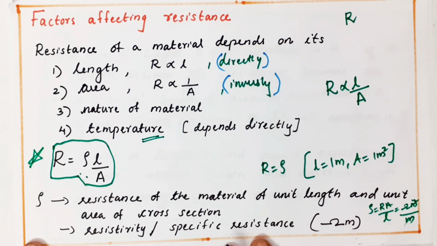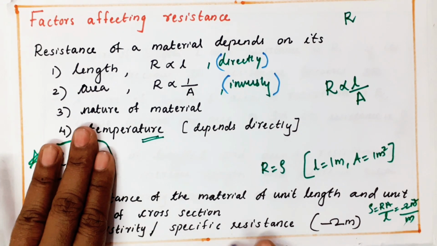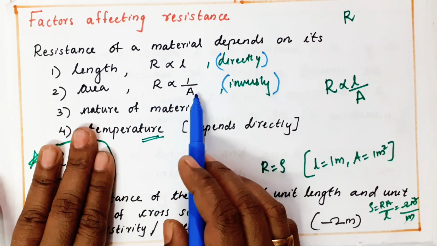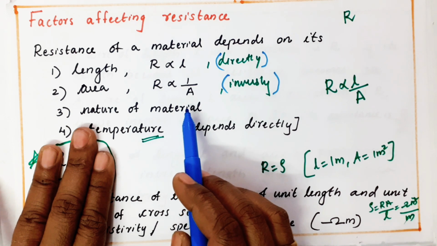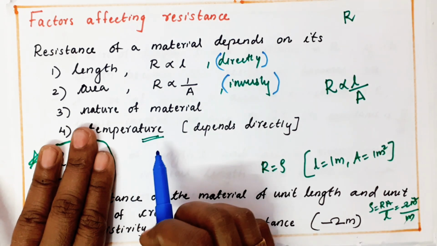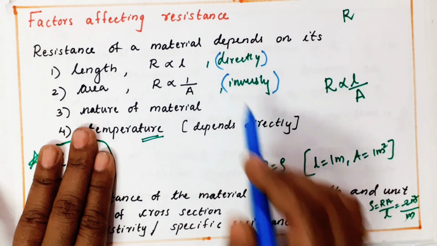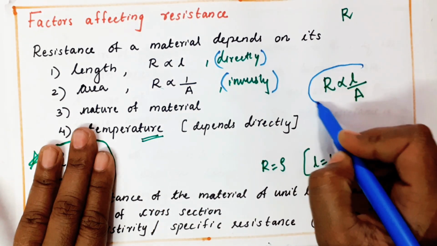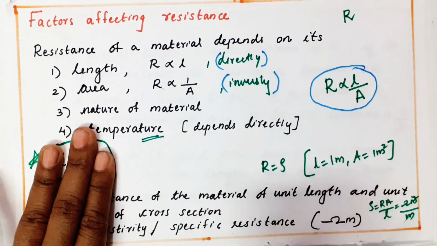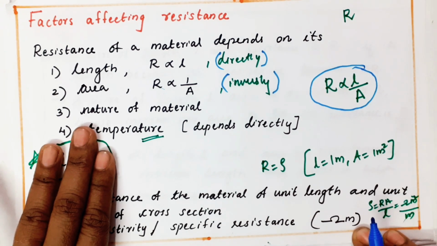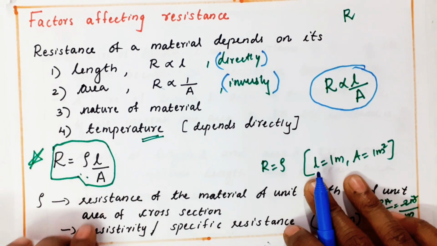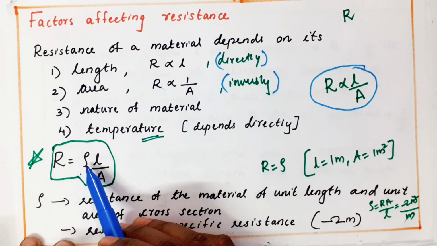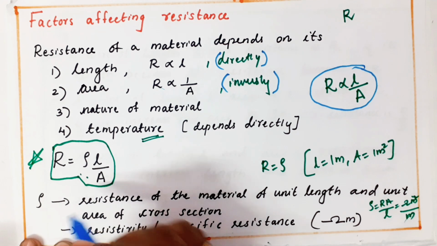So in short, resistance is directly proportional to length, inversely proportional to area, depends upon the nature of the material, and depends on the temperature. So by seeing these two relations, you can conclude R is proportional to L by A. To remove the proportionality, I am keeping a new constant called rho, R-H-O.